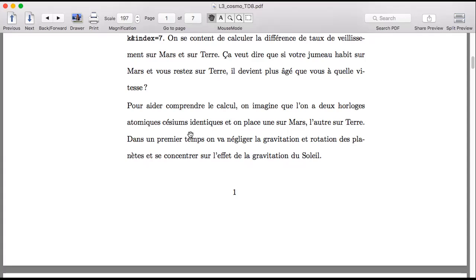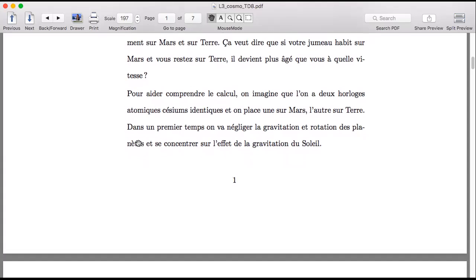Yeah. So we imagine putting clocks on Mars and on Earth. I mentioned the type of clock. The point is that they're very accurate clocks, to 1 part in 10 to the 12.